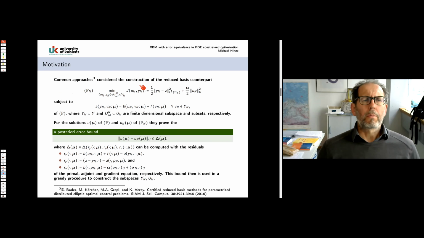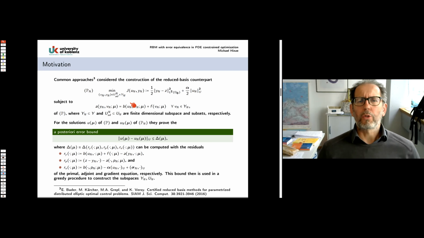Then one checks what common approaches are around to solve this problem, and one goes to the literature. A work which motivates us was provided by Bader, Kärcher, Grepl, and Veroy on certified reduced basis methods for parameterized distributed control problems, also in the presence of control constraints.